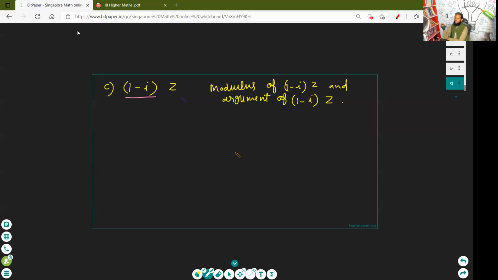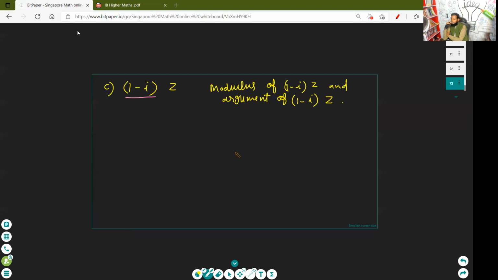If you cannot remember the formula, you should multiply them, and as a resultant you can get the number. The number will be the modulus, and the angle will be the argument. Clear? It will be easy for you, okay? You should also try to remember formulas. There are 3 formulas for modulus and 3 for argument, okay?